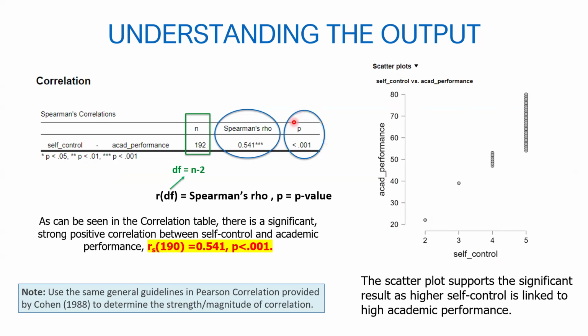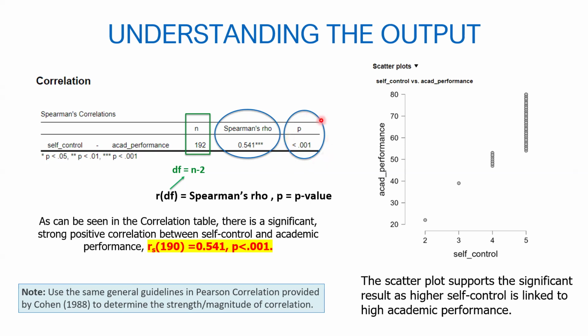Now, going back to our correlation table, we will need to refer to the p-value. The p-value that we see here is less than 0.001, which is obviously less than 0.05. So the moment the p-value that you have generated is less than 0.05, we decide to reject our null hypothesis.